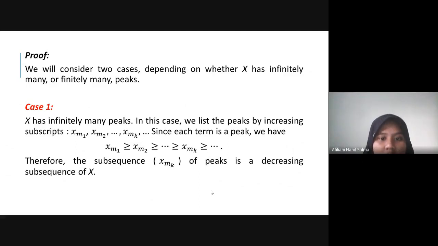Since each term is a peak, we have xm1 is greater than or equal to xm2, is greater than or equal to, and so on, until it's greater than or equal to xmk. Therefore, the subsequence (xmk) of peaks is a decreasing subsequence of X.